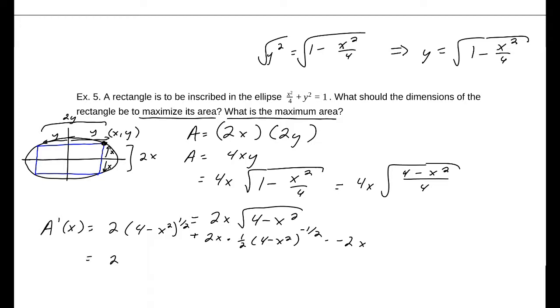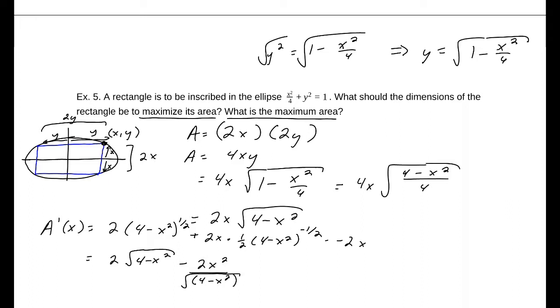So that would be 2 square root of 4 minus x squared plus negative 2x squared over, let's see, negative 2, negative 1/2, yeah, negative 2x squared over the square root of 4 minus x squared, and that's the square root of that term right there.